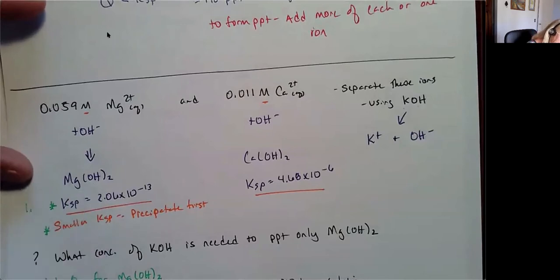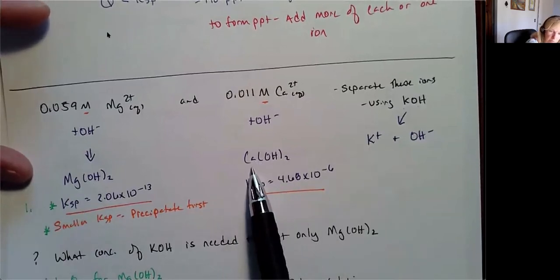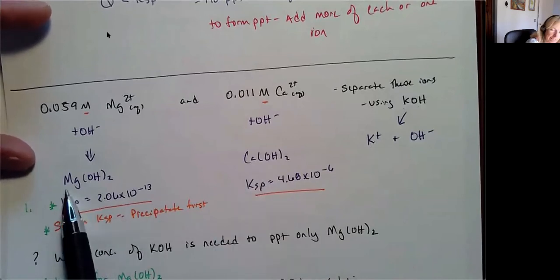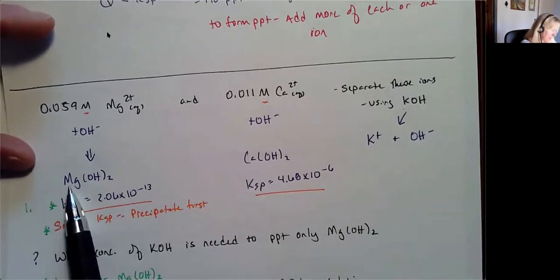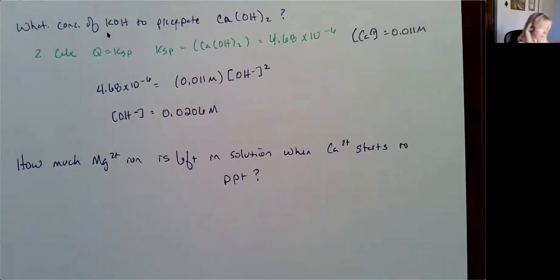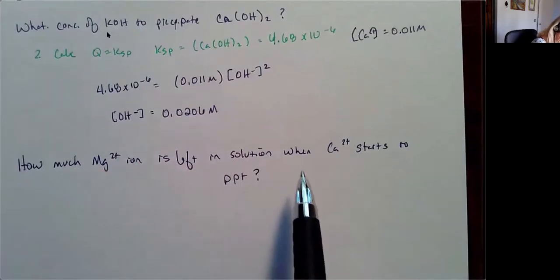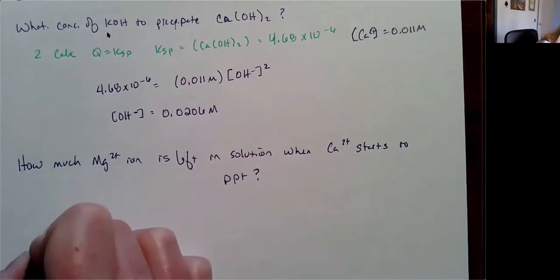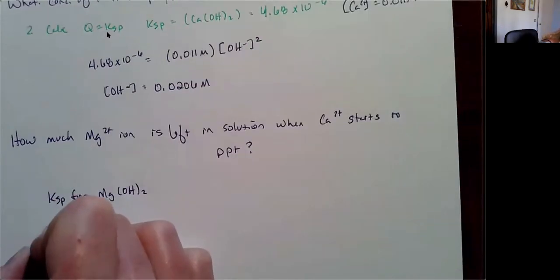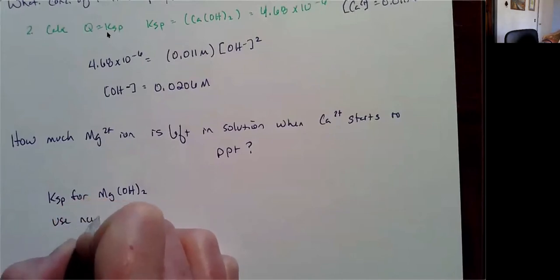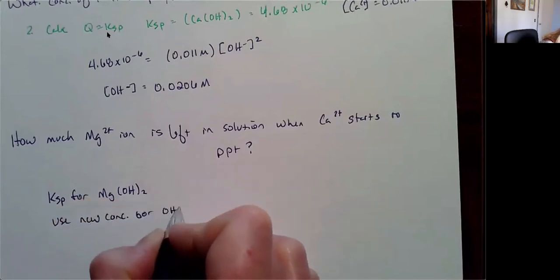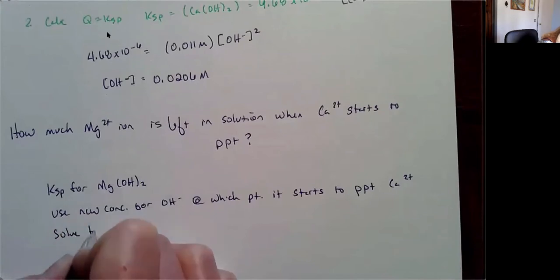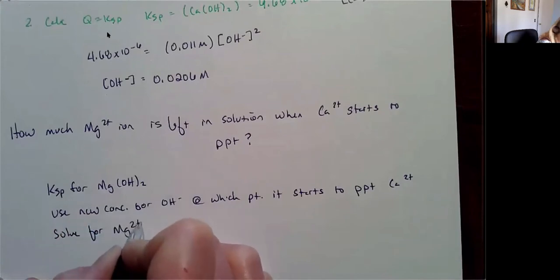So when I get to the point where I'm adding in enough of this to start precipitating calcium hydroxide, is there going to be any magnesium left? I can calculate that by plugging in this concentration up here for my hydroxide and solving for magnesium. So I'm going to take my KSP, use my new concentration for hydroxide, and solve for magnesium ion concentration.